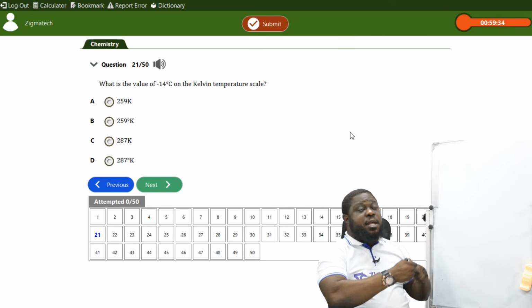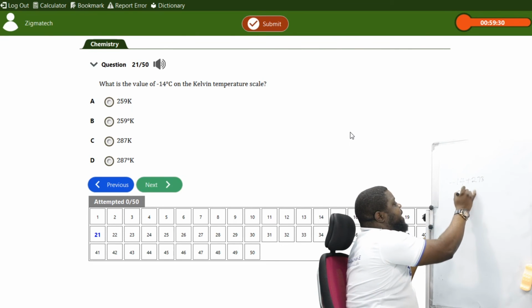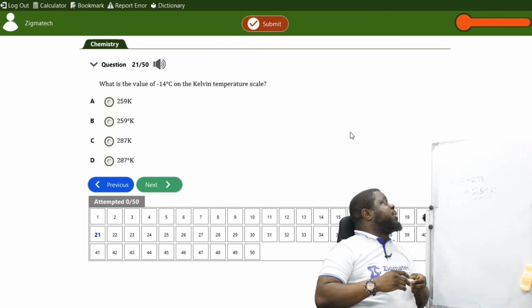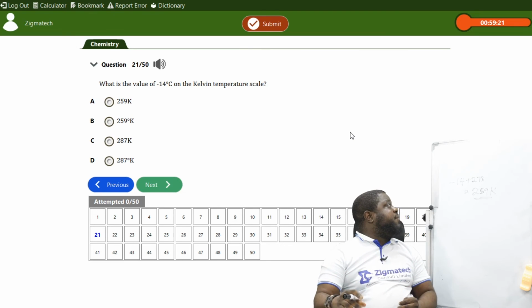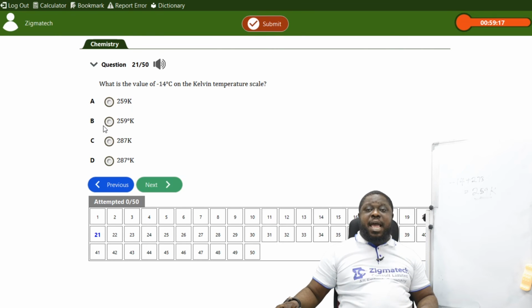Just a simple thing. If we say minus 14 plus 273, it will give us 259. So the answer is 259 Kelvin.